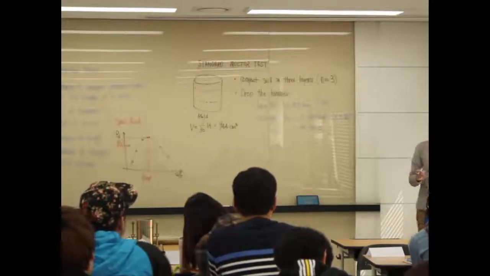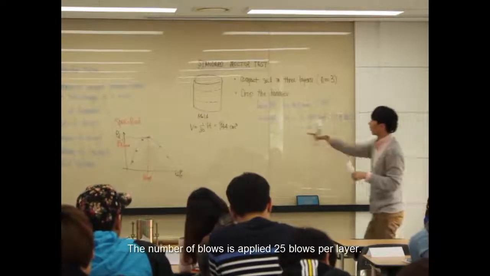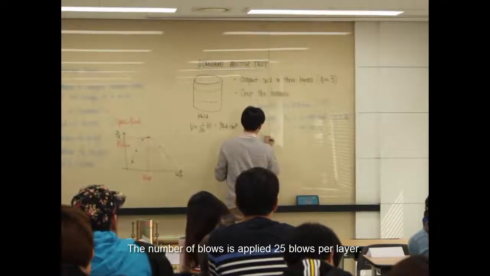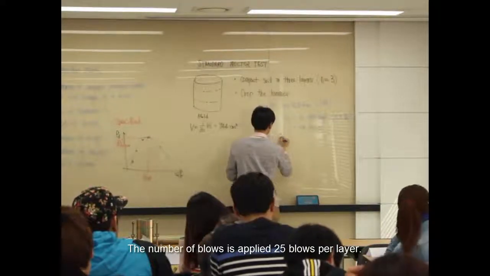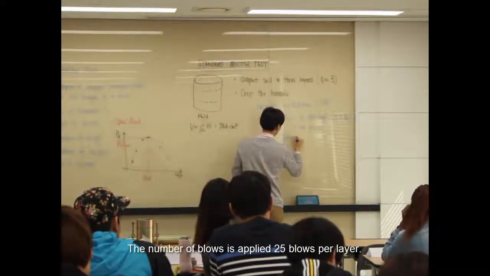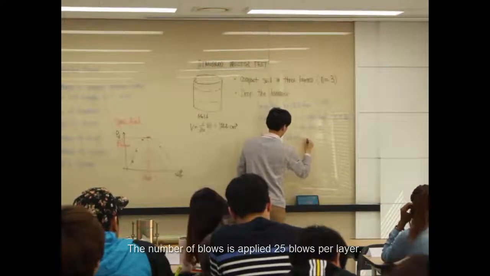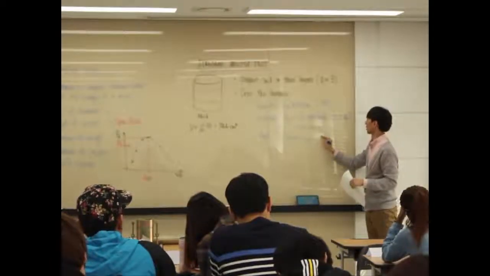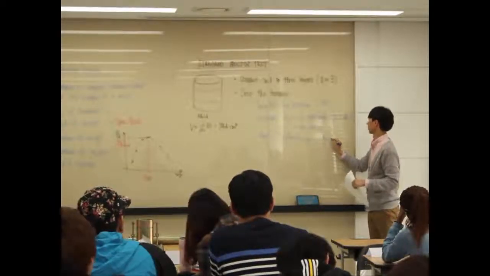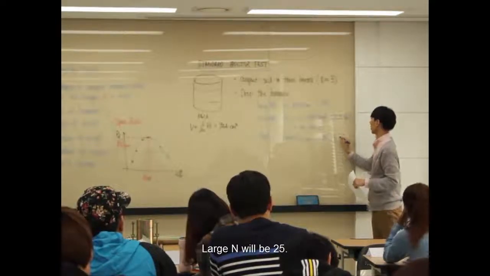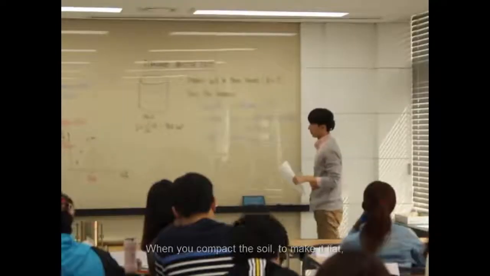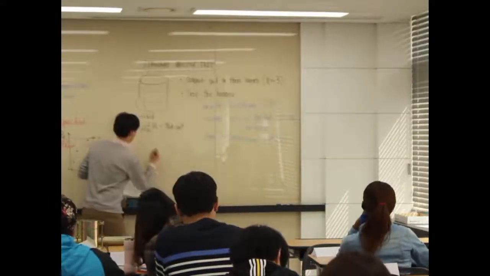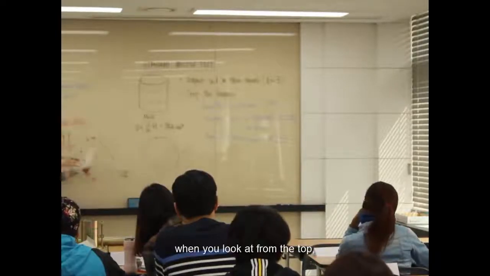Okay, so 5.5 pounds. And for the number of blows, apply 25 blows per layer, so large N will be 25. When you compact the soil to make it flat, you look at it from the top.